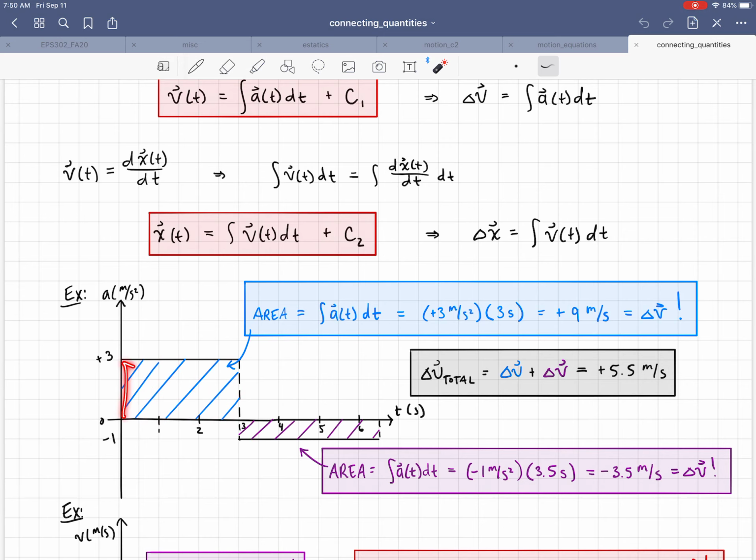It's just going to be the area of this rectangle, which the height is plus 3 meters per second squared. The length is 3 seconds. And so when I calculate the area, I get plus 9 meters per second, and that's delta v, the change in the velocity. So that means no matter what velocity I started with, after 3 seconds, we're moving plus 9 meters per second faster.